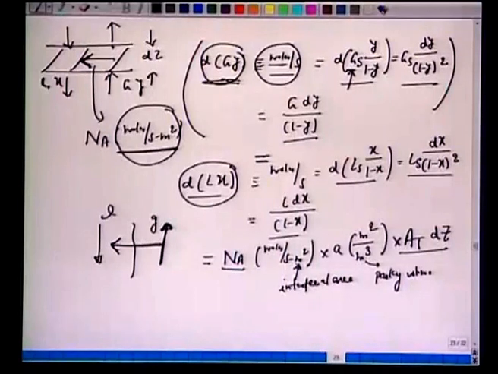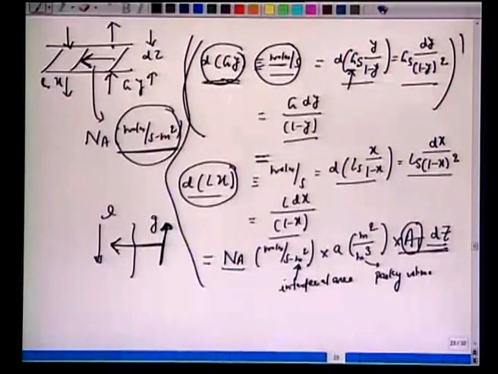So, moles per second per meter square per cubic meter of packing volume, into At, the cross sectional area, into dz will give you moles per second. Now, we have the entire species balance in the two phases, gas to liquid. Whatever is lost in the gas phase is gained in the liquid phase, and that also equals, from the mass transfer point of view, NA into A into At into dz.